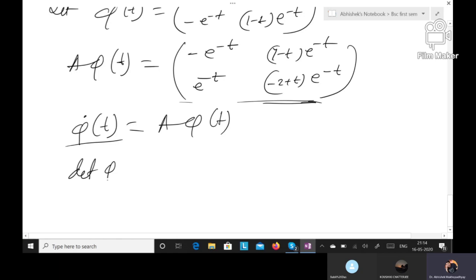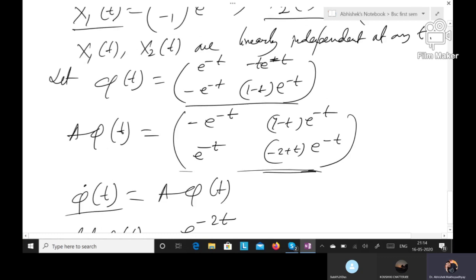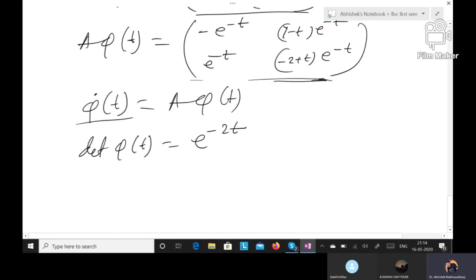And the determinant of phi t is e to the power minus 2t. If we calculate the determinant of this matrix, you will see that it is e to the power minus 2t.